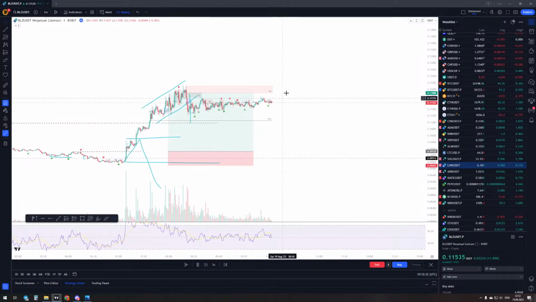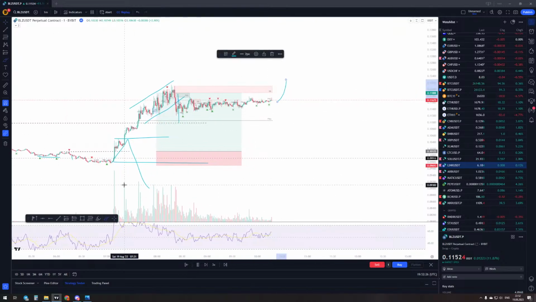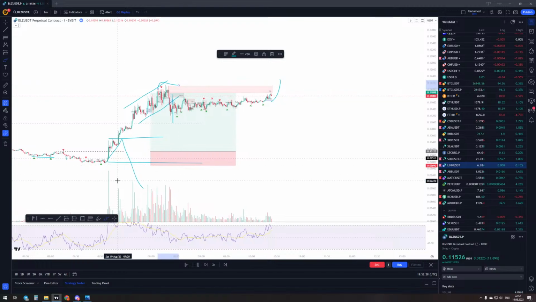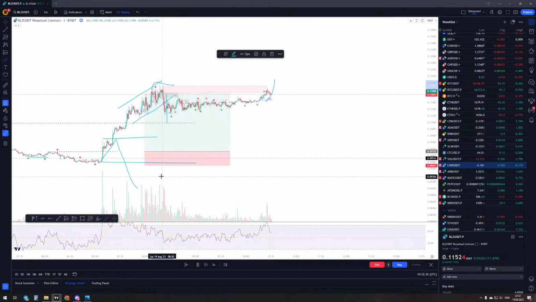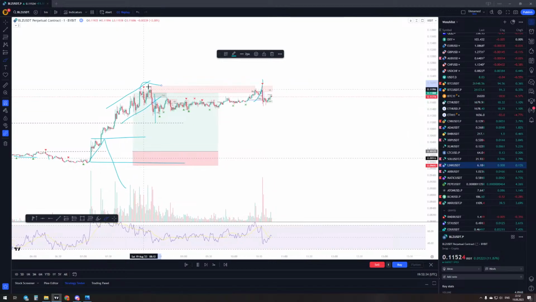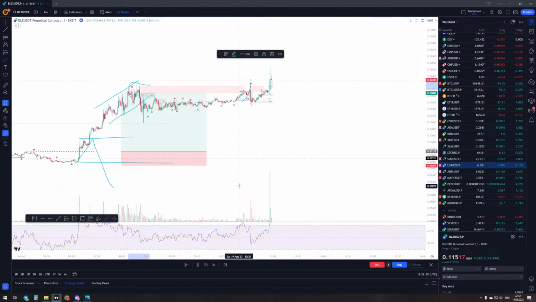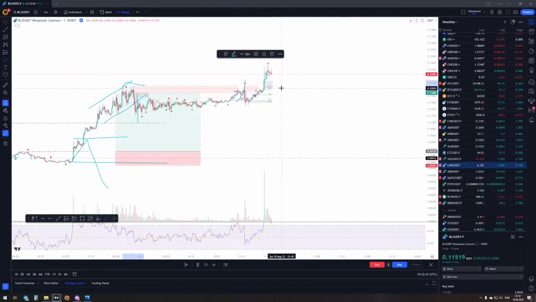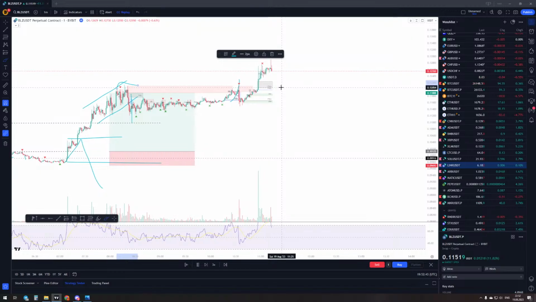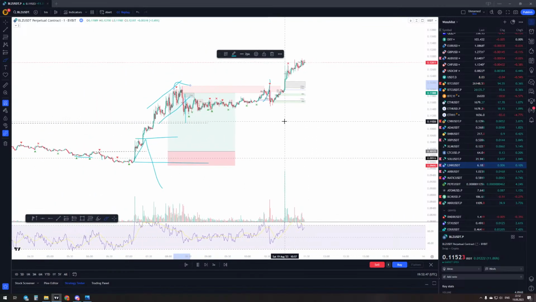We might also have something like this to grab liquidity from people who've been shorting here, but we already have volume, so probably. But I already won't be interested in this trade.